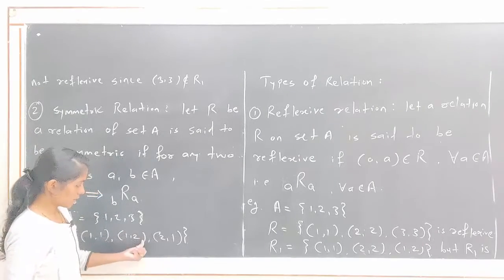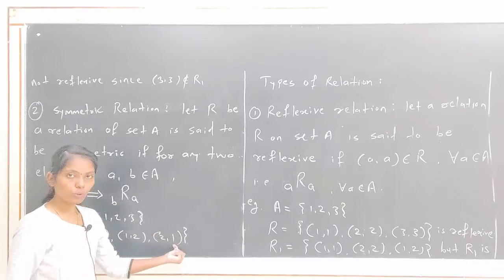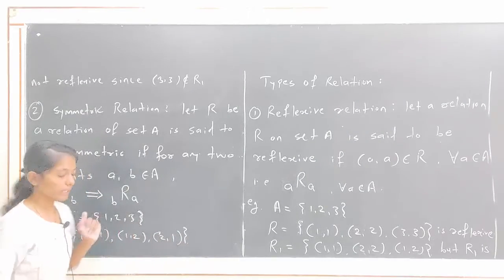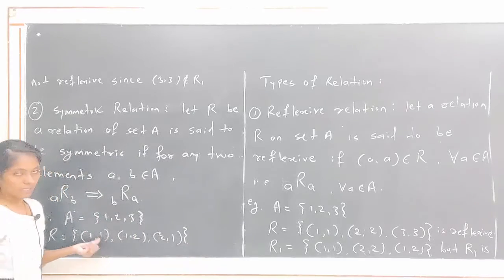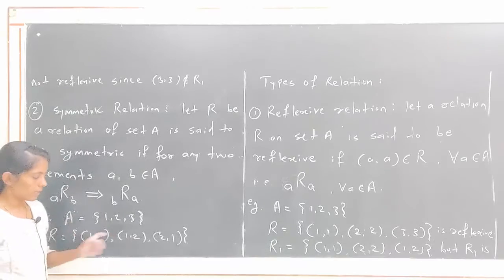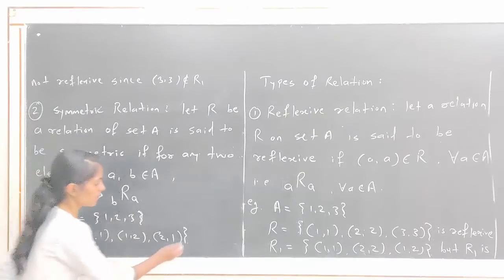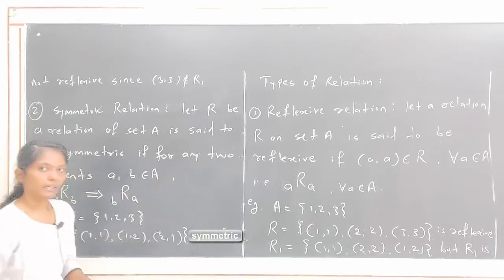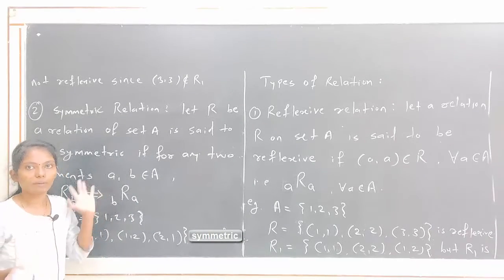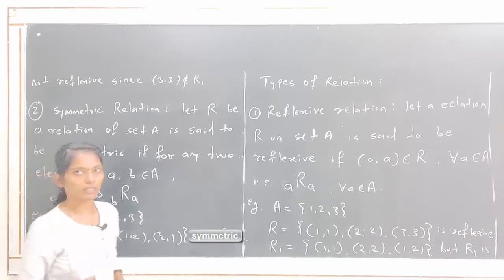That is, A related to B and B related to A. So this relation is a symmetric relation. 1 related to 1, again 1 related to 1. So A related to B and B related to A, then that type of relation is a symmetric relation.